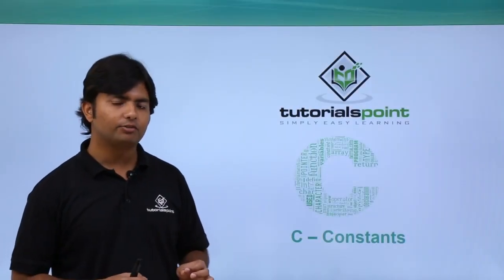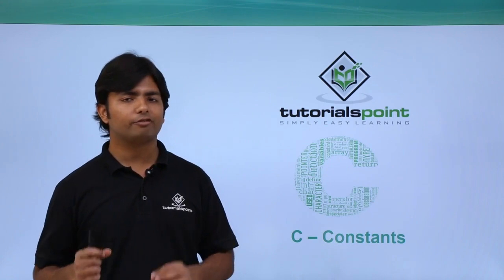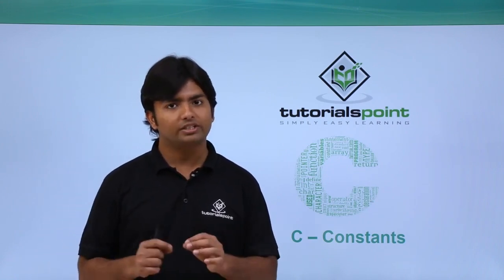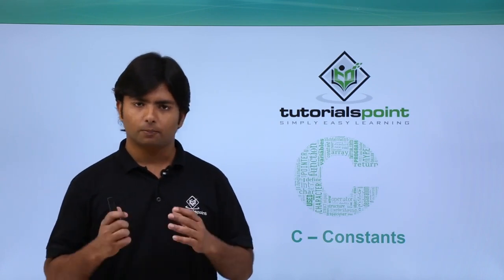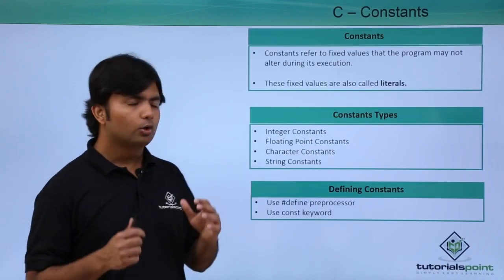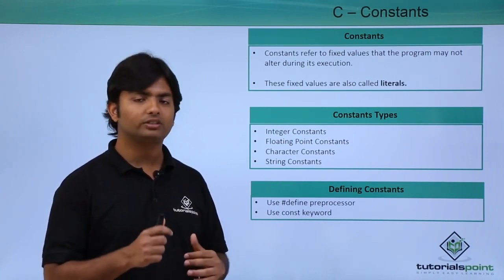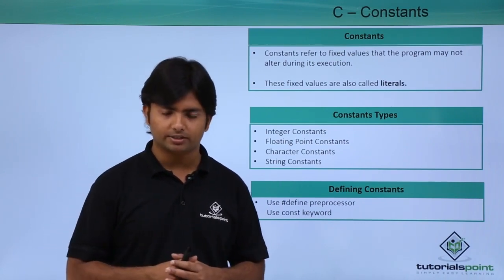In the previous video we saw how to define a variable and how to change its value once execution has started. But in the case of constants, we will not be able to change the value once the execution has started.